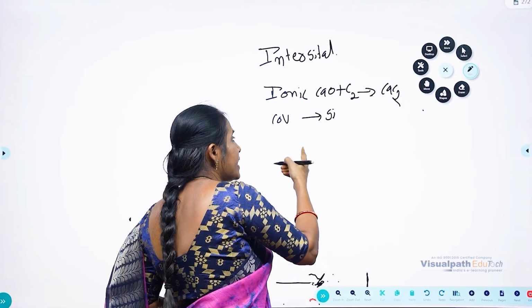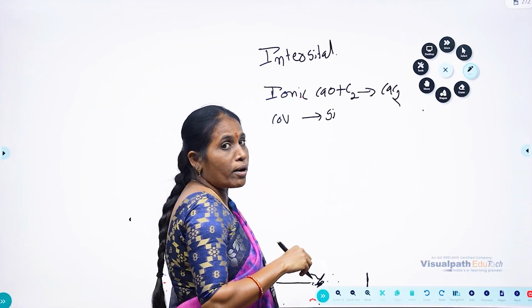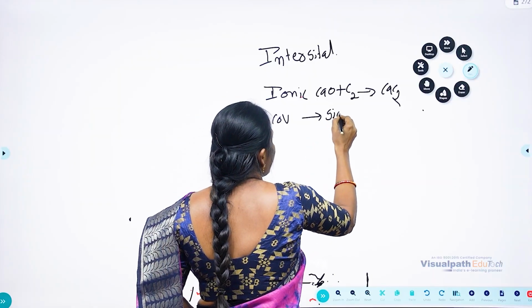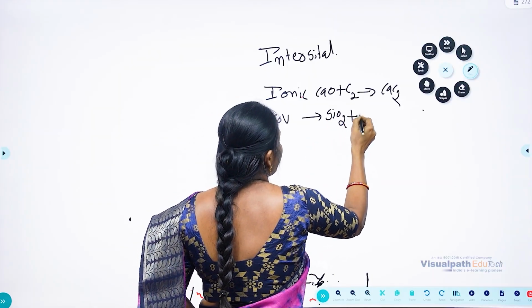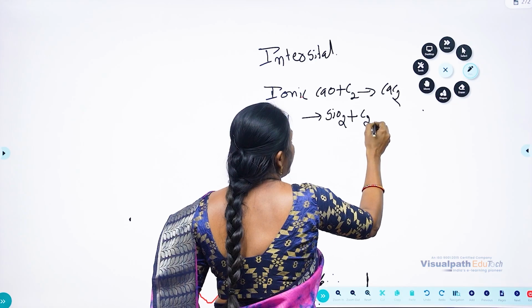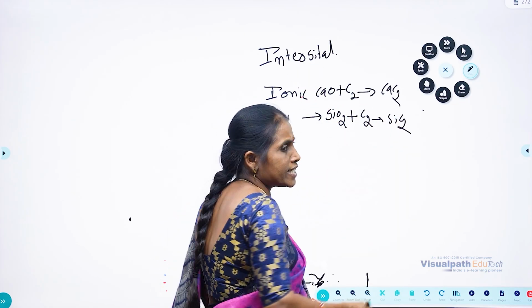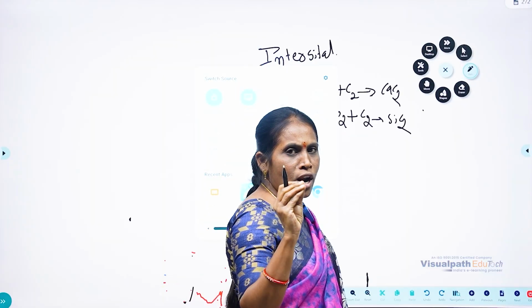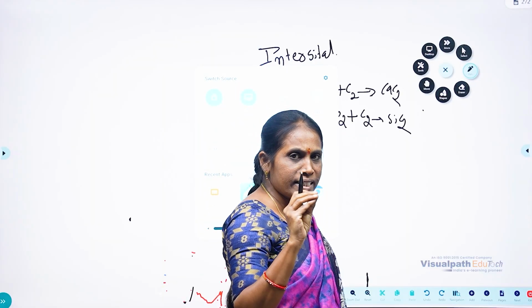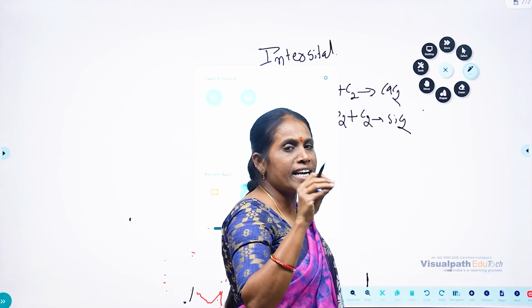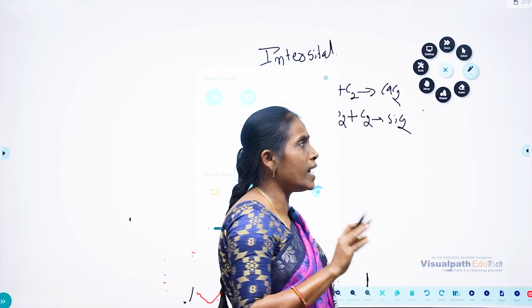That's why we take silicon carbide as the example of covalent carbide. Silicon oxide reacts with carbon, it forms silicon carbide. And next one is the interstitial. Interstitial means a small amount of carbon occupies the interstitial position in the transition elements.